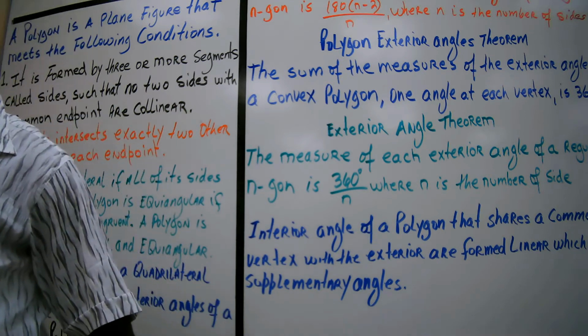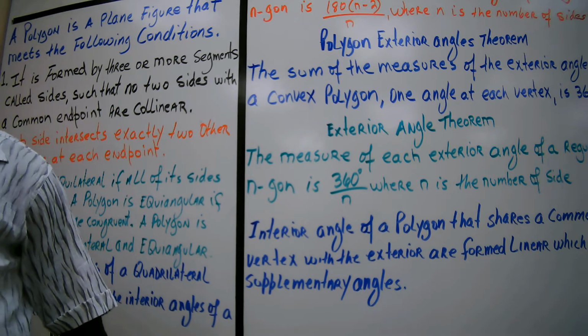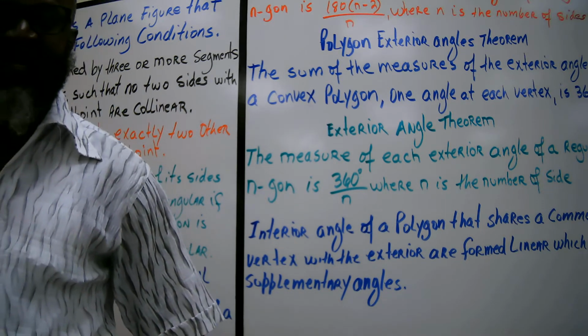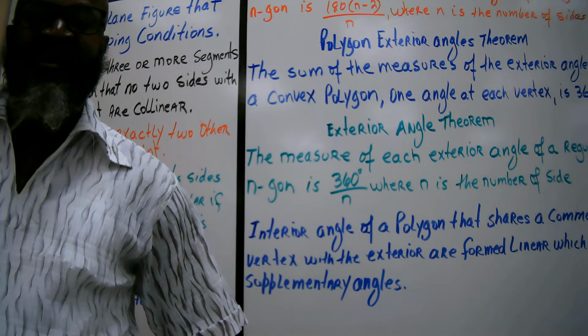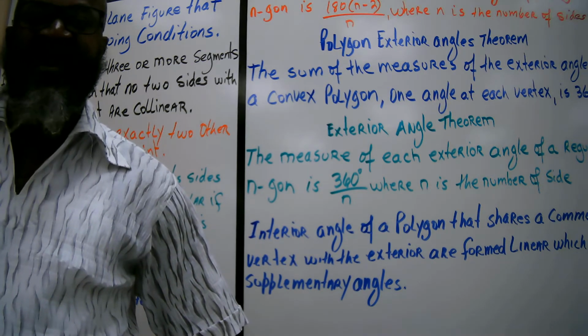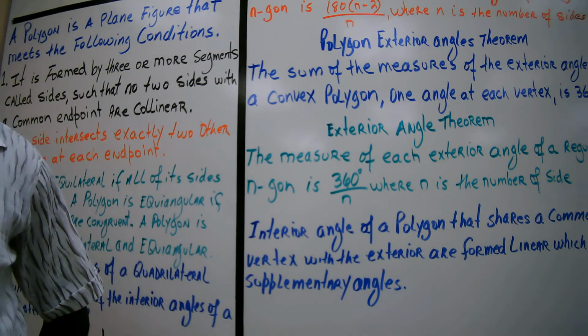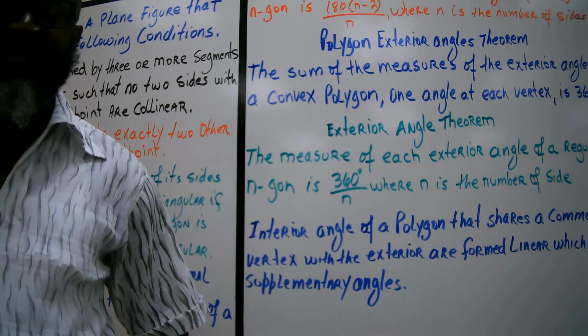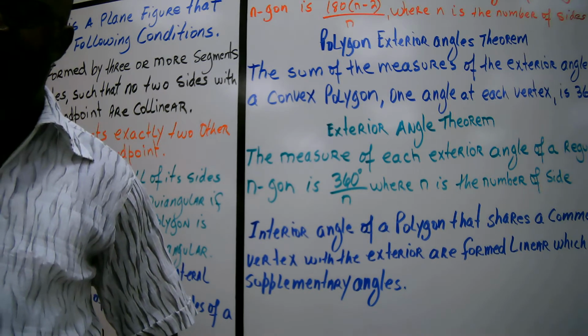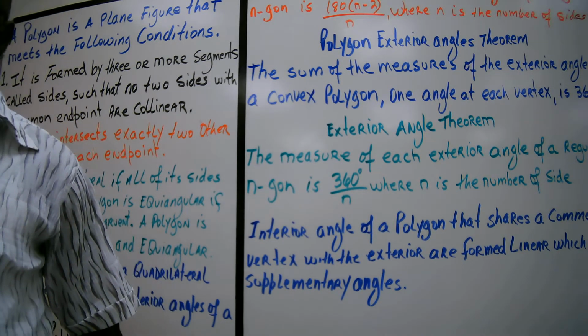For example, they tell you it's a pentagon. Penta means 5. So n is 5, and you will have 180 times (5 minus 2). 5 minus 2 is 3. 3 times 180 is 540. So the sum of all five angles combined in a pentagon is 540.